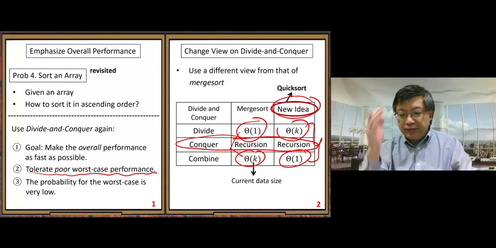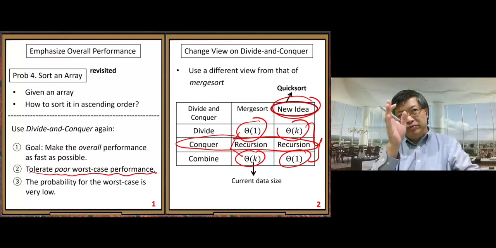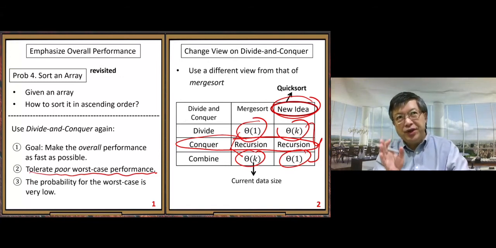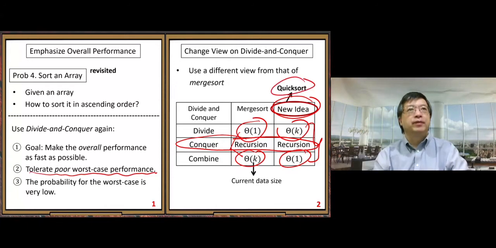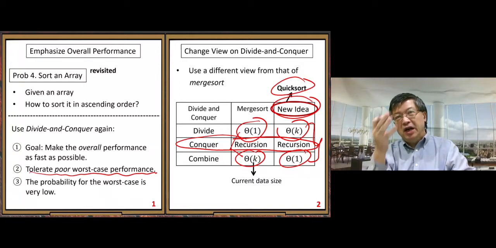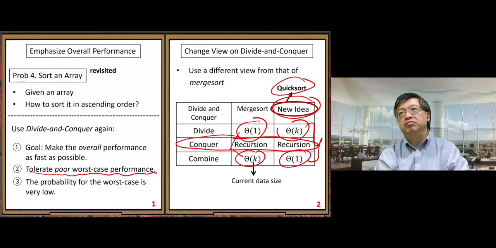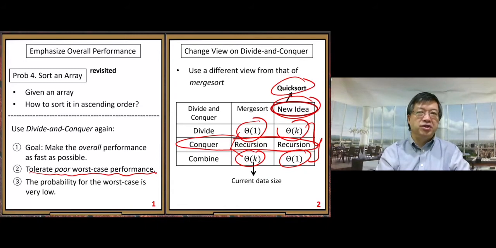Next, we will try to implement this idea, and we call this new sorting algorithm Quicksort. Why is it called Quicksort? People call it that because after they did experiments, the overall performance was extremely good.